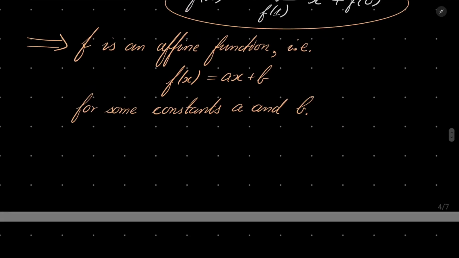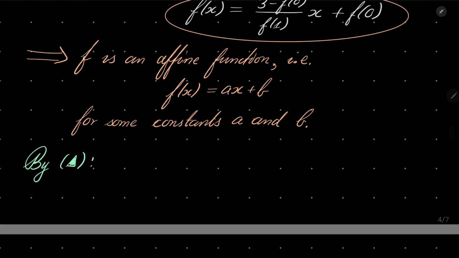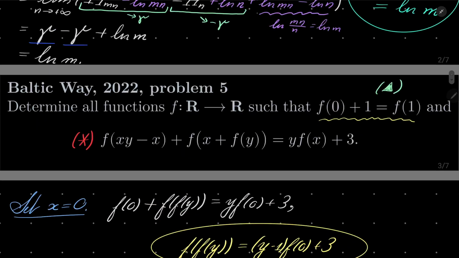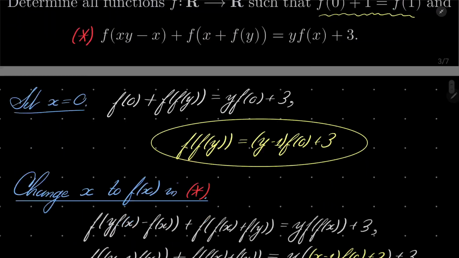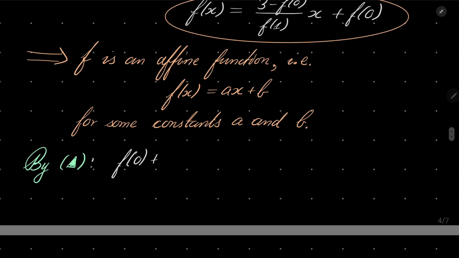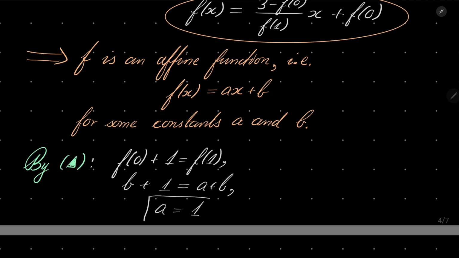One constraint can be found by our condition triangle. Condition triangle says that f of 0 plus 1 equals f of 1, and that means f of 0 is b, so b plus 1 equals a plus b. So a equals 1.